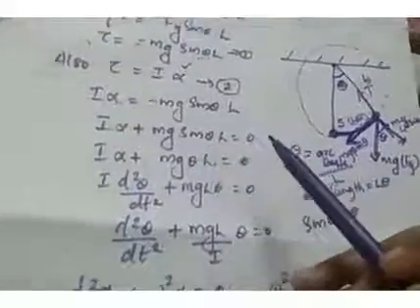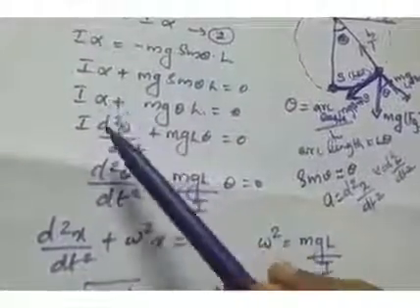Since this angle theta is very, very small, sin theta can be approximately considered as theta. So we can write I alpha plus mg theta into L equal to 0. This alpha is the angular acceleration, so it can be written as d square theta by dt square, isn't it? Linear acceleration we wrote like this, d square x by dt square.